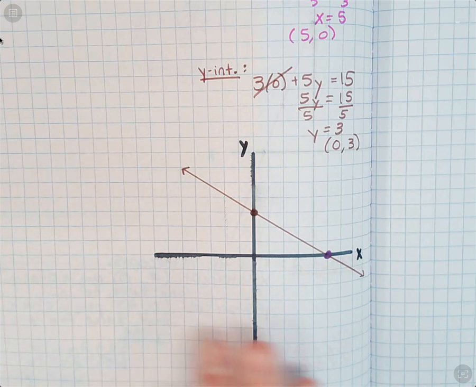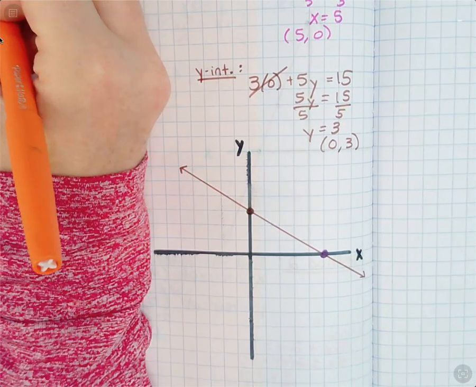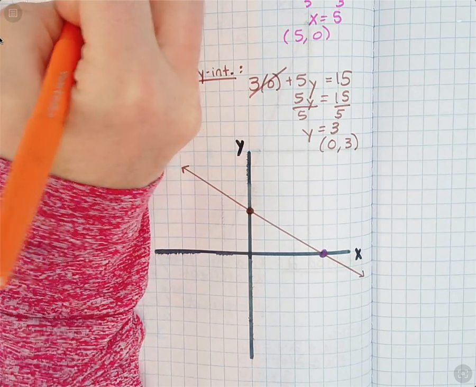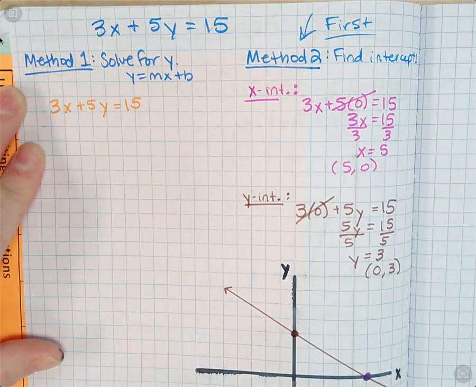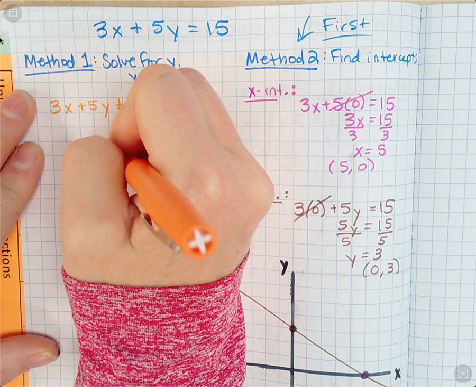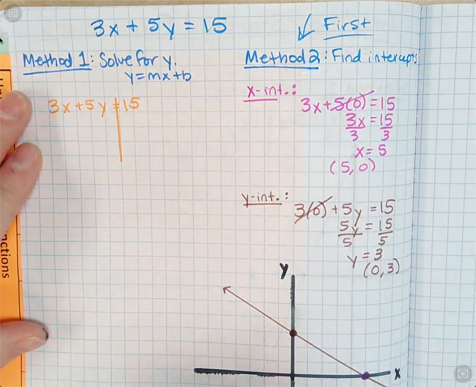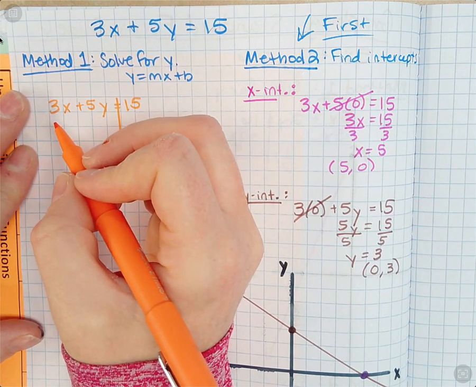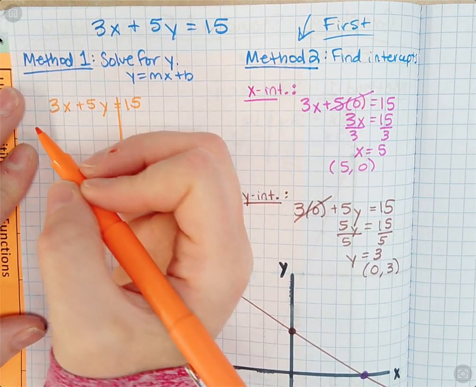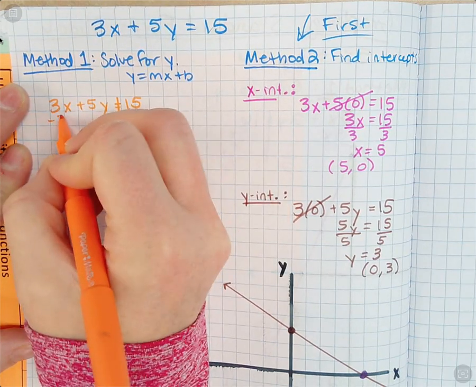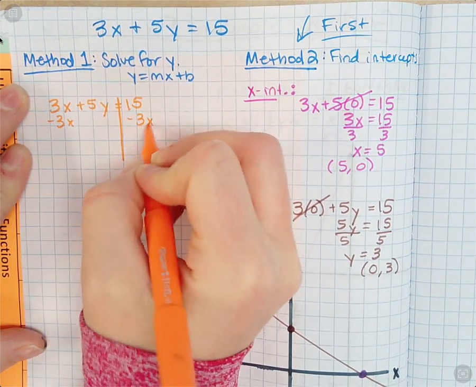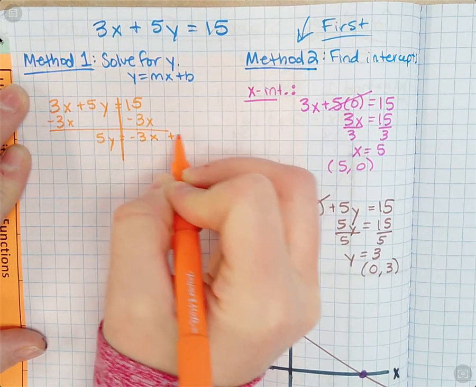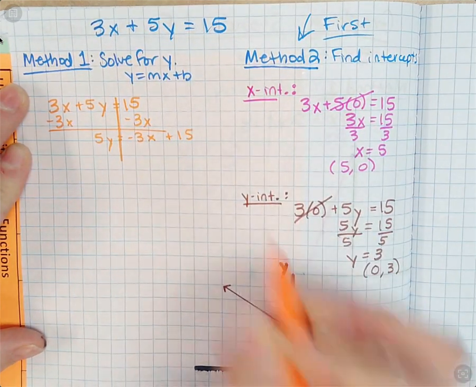So then method 1 is solve for y. So let's write our equation and solve for y. So we would subtract 3x. You got this? Five y equals negative 3x plus 15. Divide by 5.